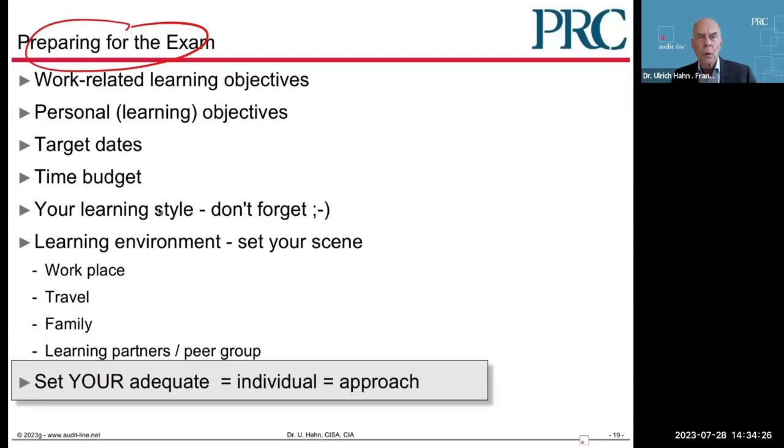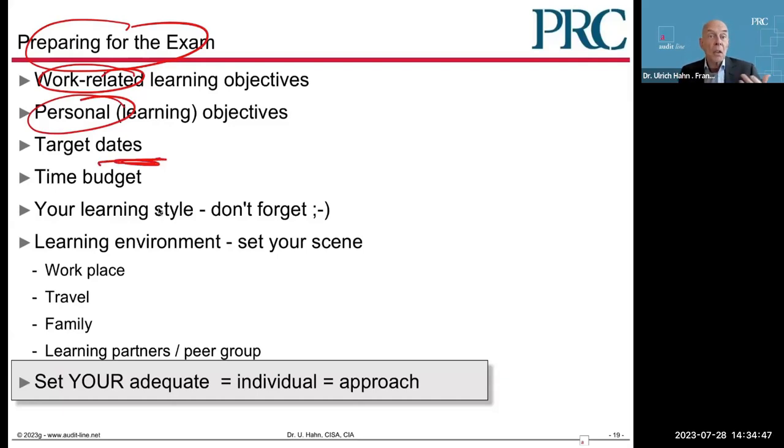That was very helpful, and that can also be a reason to spend a little bit more time than the minimum. So work-related objectives, maybe personal objectives, which very often motivate more than the business or company objectives.